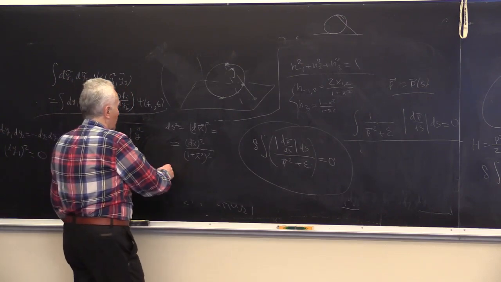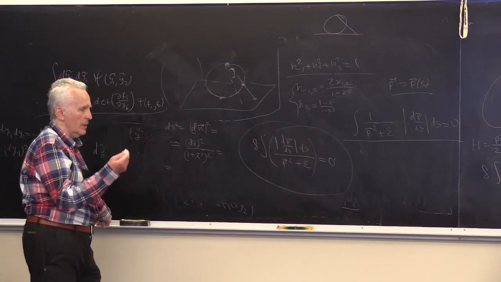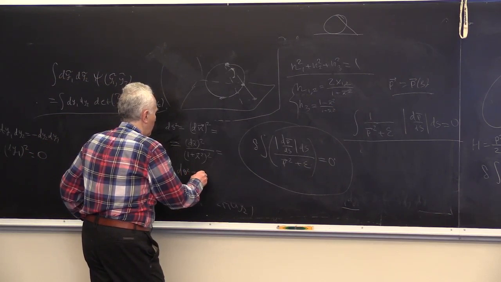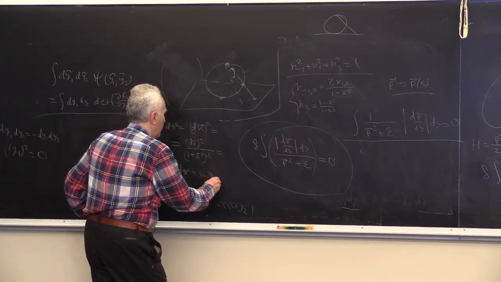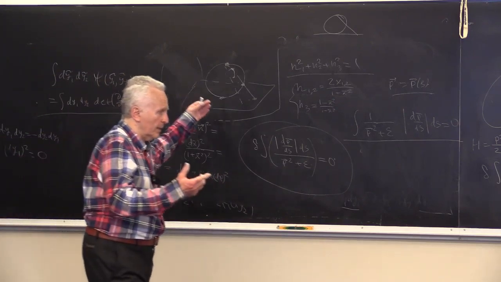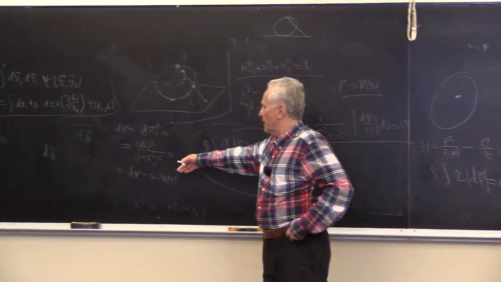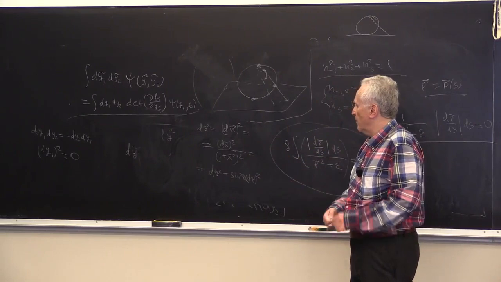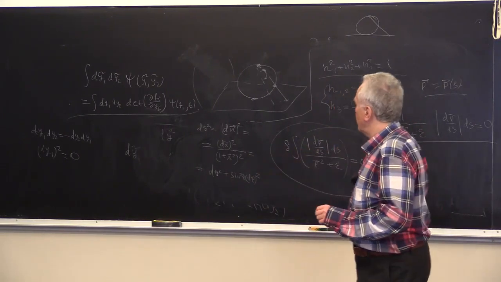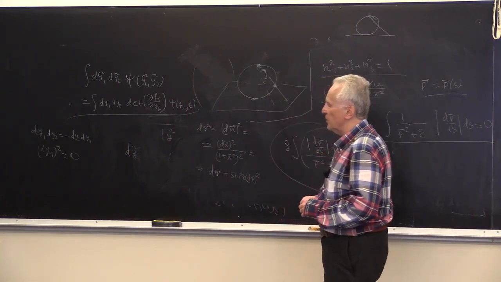You can also write it using polar and azimuthal angles: d theta squared plus sine squared theta d phi squared. That's maybe the more familiar form of the element of length on the sphere. So far it's just some elementary geometry. It's nothing deep here. And you'll find the distance between two points.